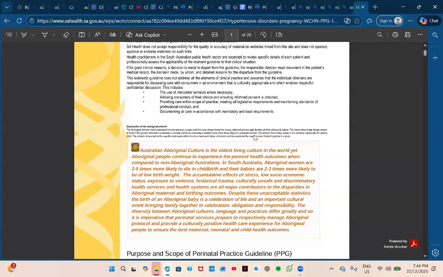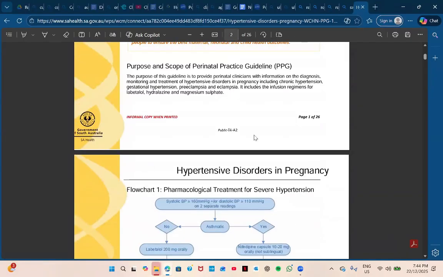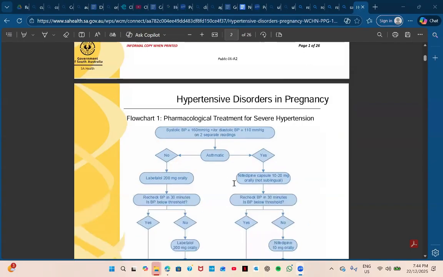I was recently searching for something, I can't remember the topic. They have just removed it, but I have saved it in my notes. I don't know why they have removed so many guidelines from SA Health. Everything is business, yeah, doctor.